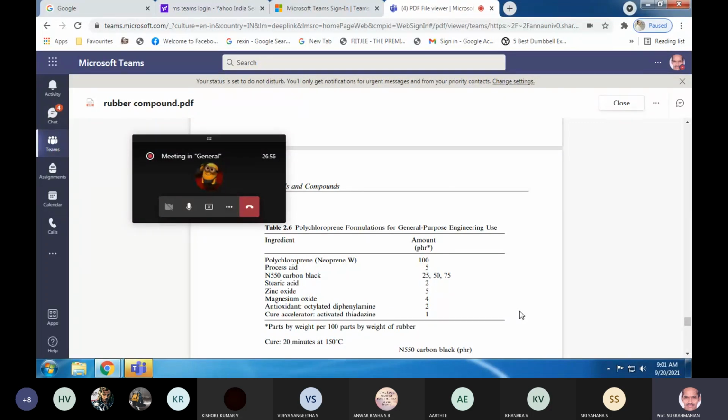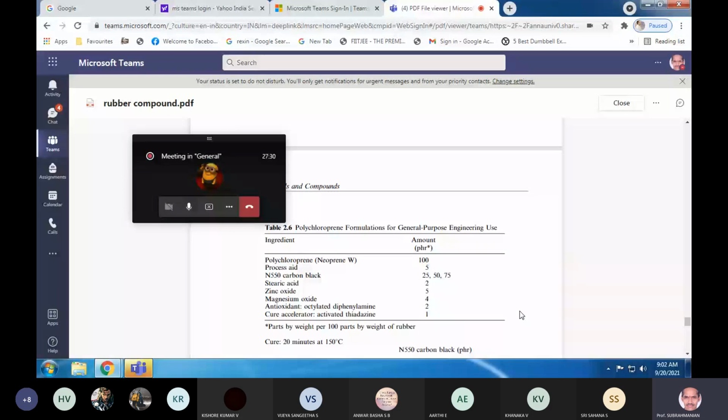And what is not listed here is an organic accelerator, and we saw last class it is the ETU, ethylene thiourea. This ETU is almost removed from rubber compounding, because it is known to be rat poison, and it is harmful for human consumption also.